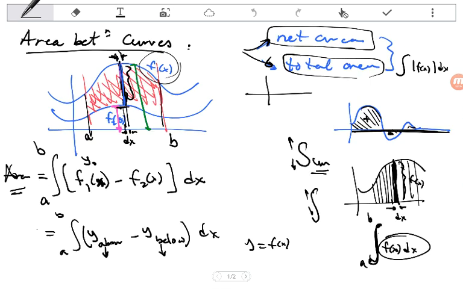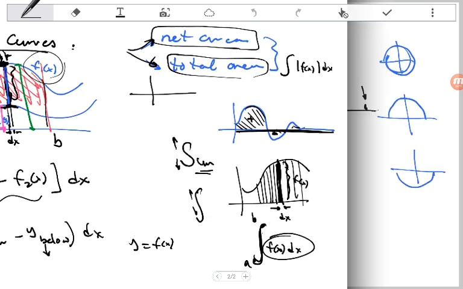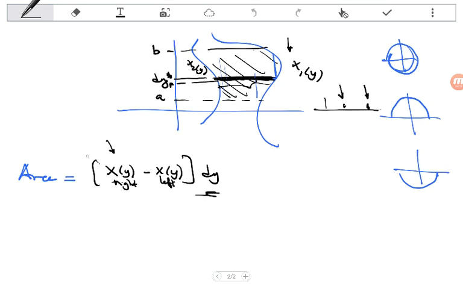Also in the vertical strip, we took the upper function minus the lower function, because the upper function has a larger value, so we need a positive value after all. This is the law for using a horizontal strip: x right minus x left, or the function on the right minus the function on the left, dy.